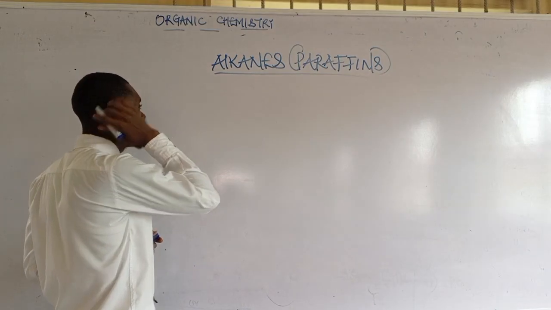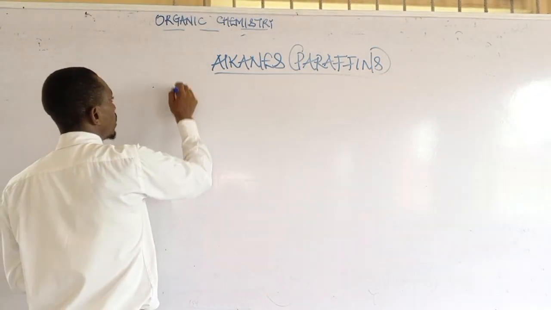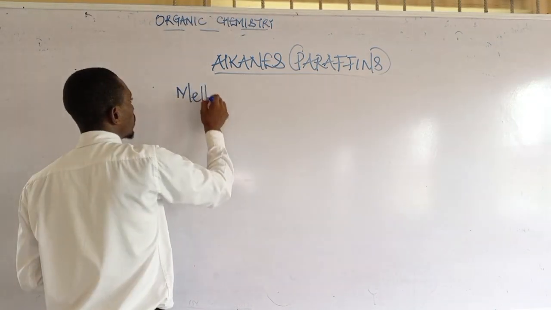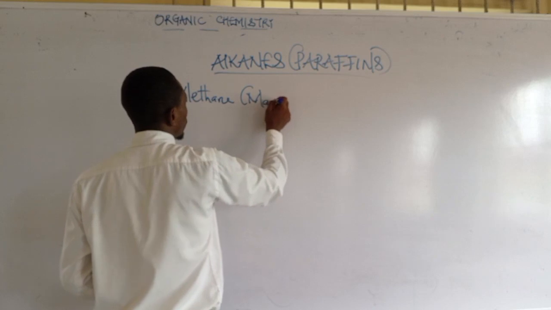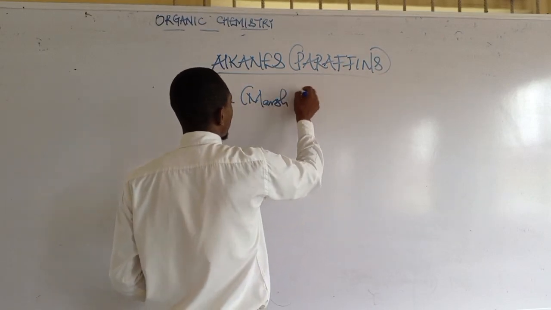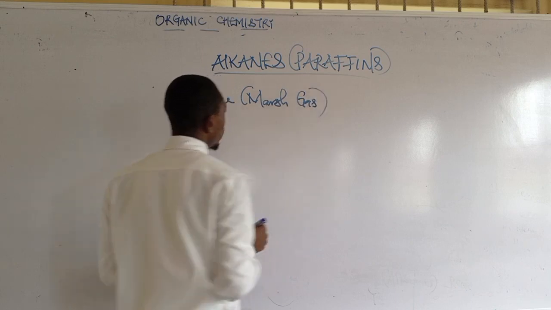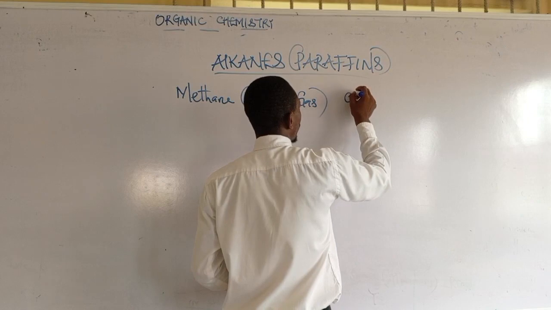The first homologue, which is the most important member, is when n equals 1. That is methane. Methane is also called marsh gas, and the formula is CH4.